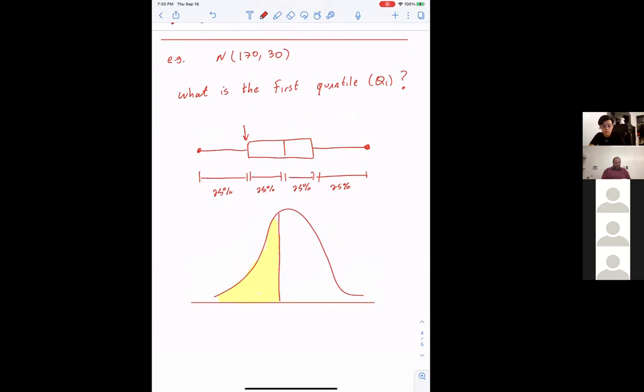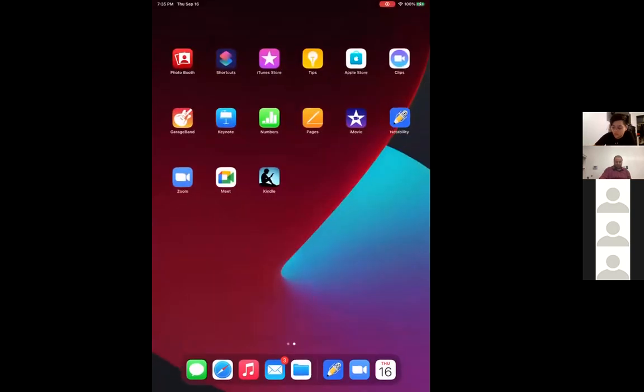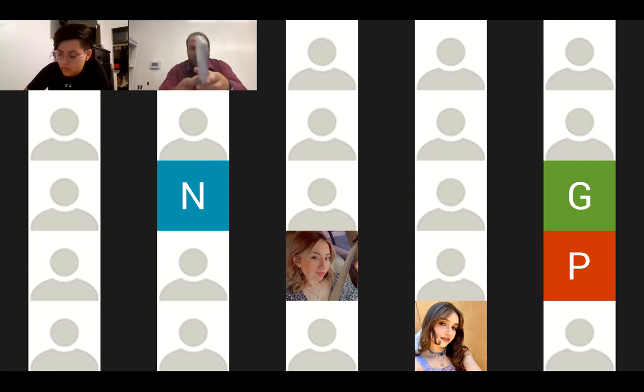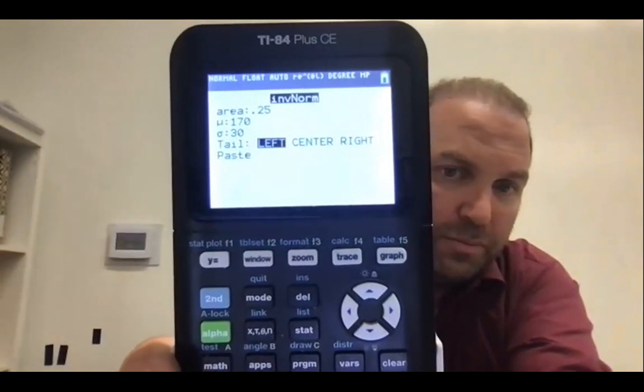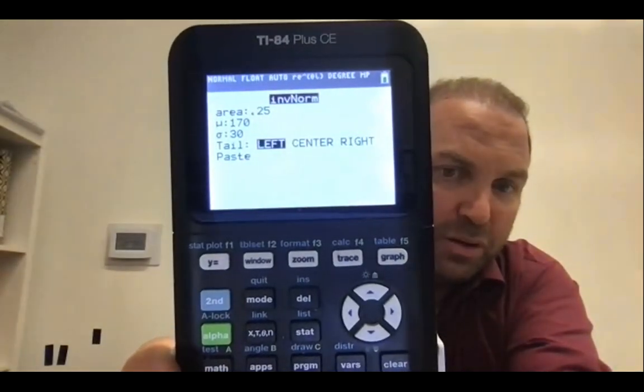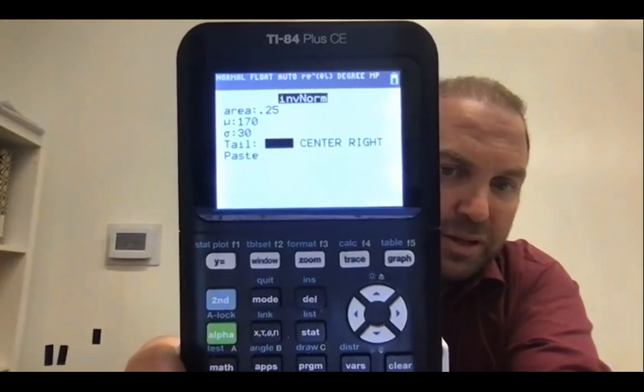Mean is what? 170. Sigma is what? 30. Left, center, or right? Left. So I have this 25% area, mean, sigma, left, and oops, go down one.